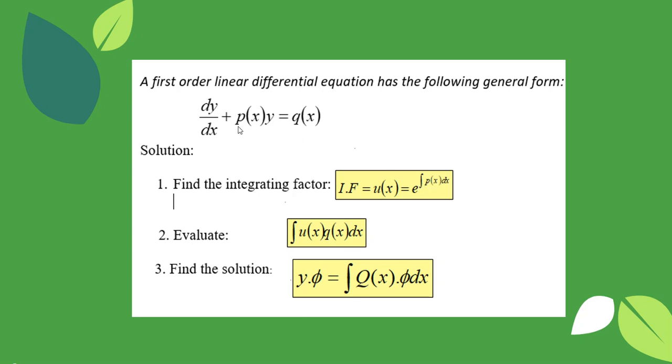So whatever this p of x is, you're going to integrate it and make it the argument of this exponential expression. Then you will evaluate the integral of your q of x and the phi, or your mu of x, which is the integrating factor.